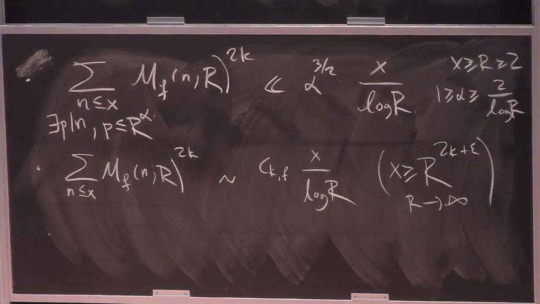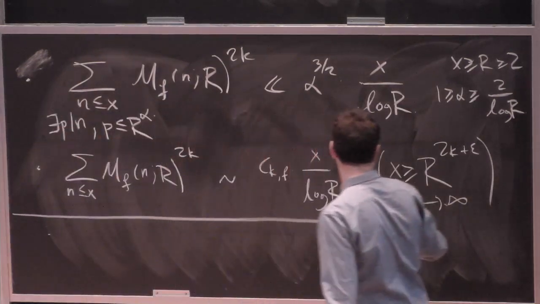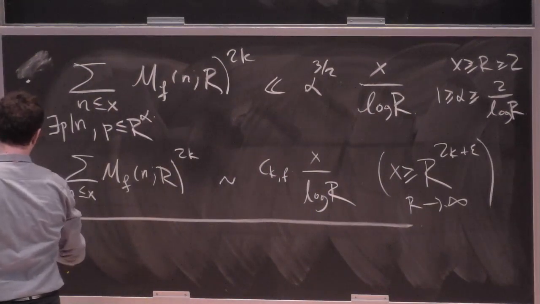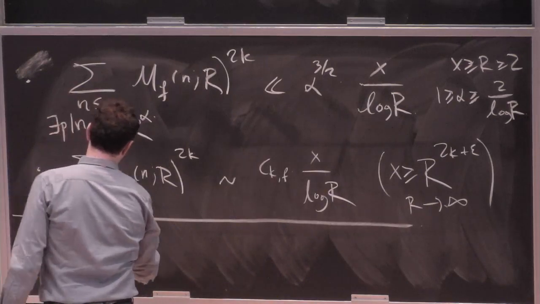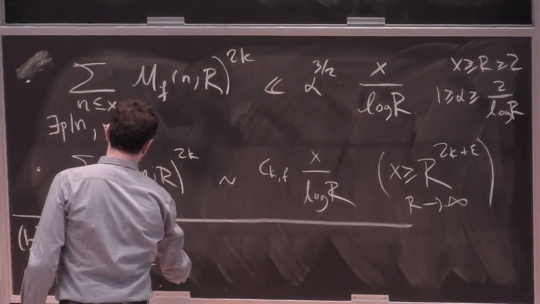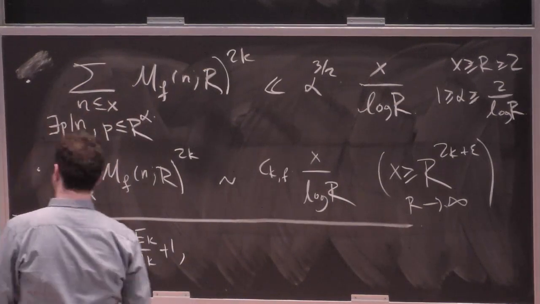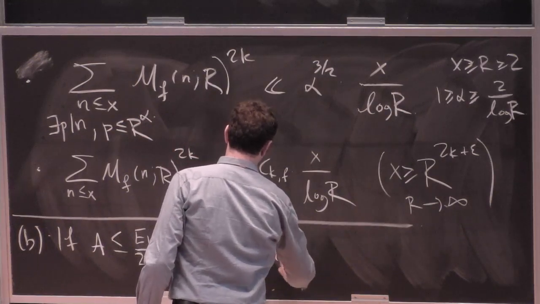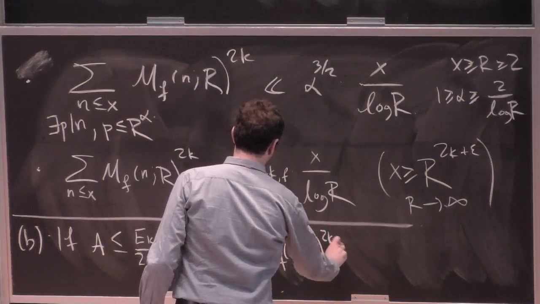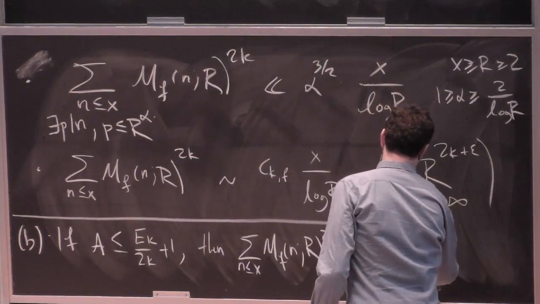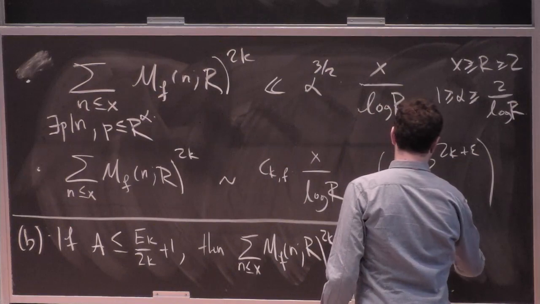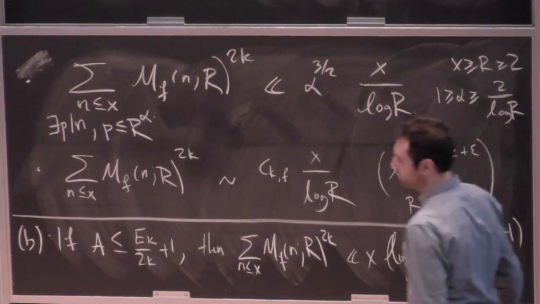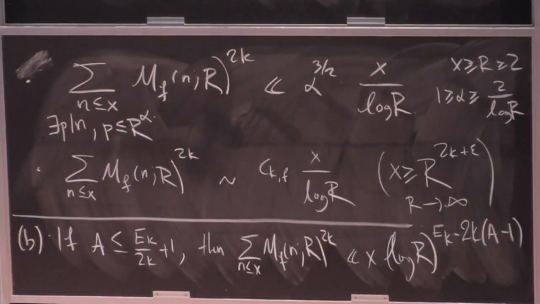And in the complementary case, I guess that would be case A. And then case B would be if A is not so big. Then we still have some upper bound. So not quite the upper bound we were hoping for, but almost.